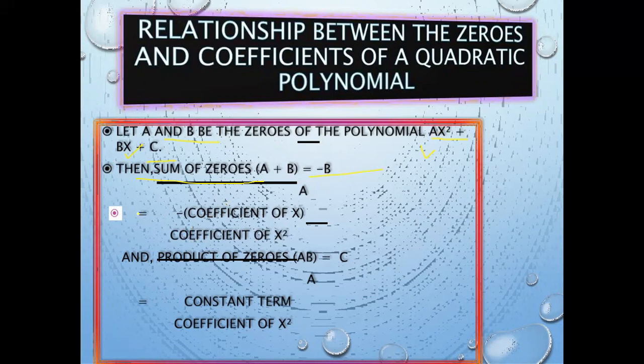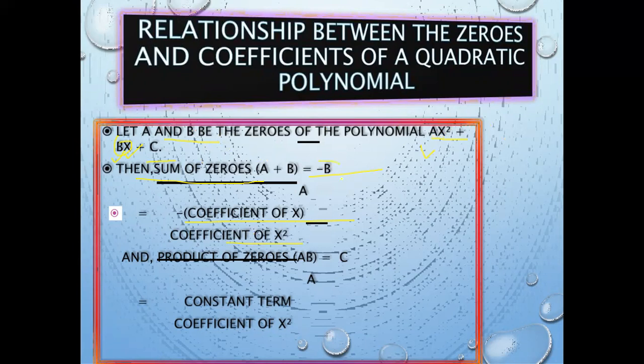In terms of coefficients, it is minus of the coefficient of x upon the coefficient of x square. The coefficient of x is b and the coefficient of x square is a.